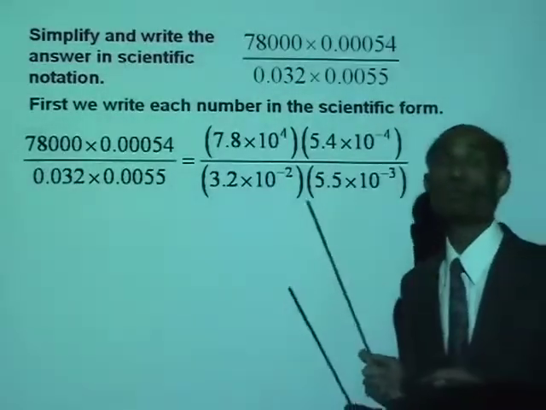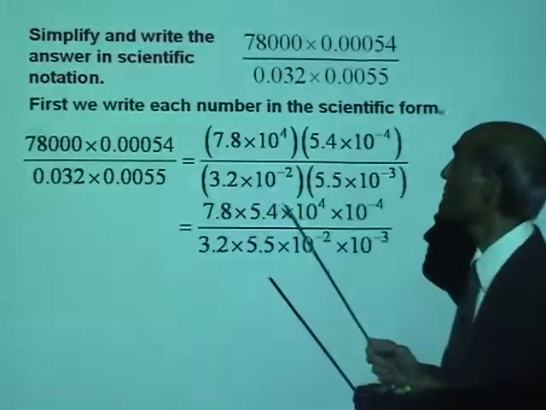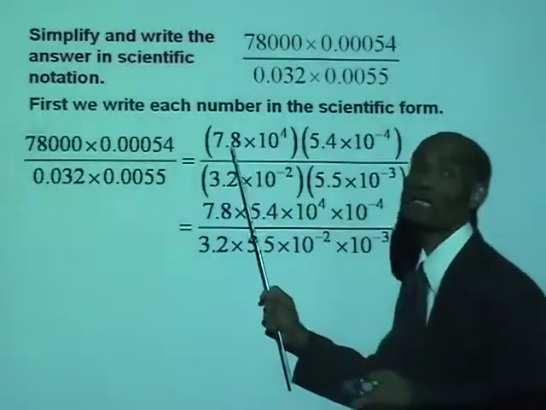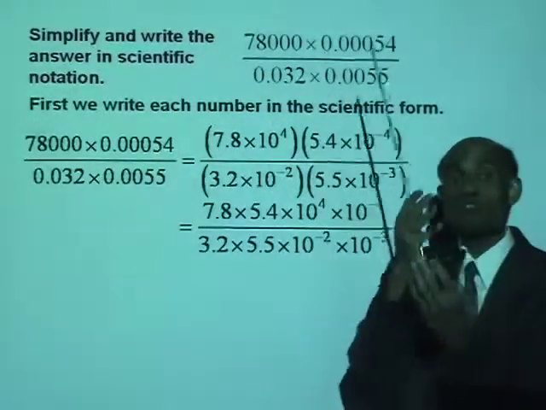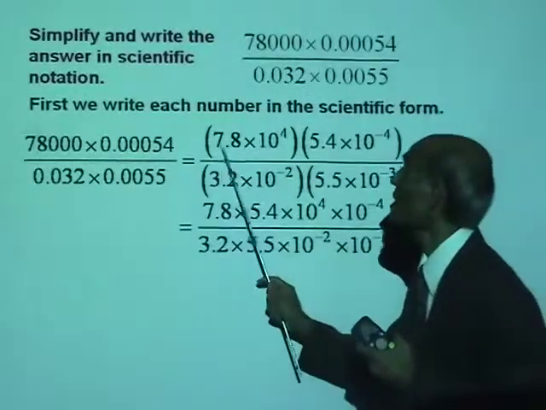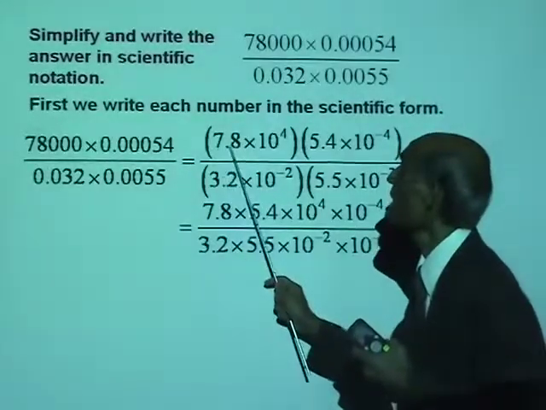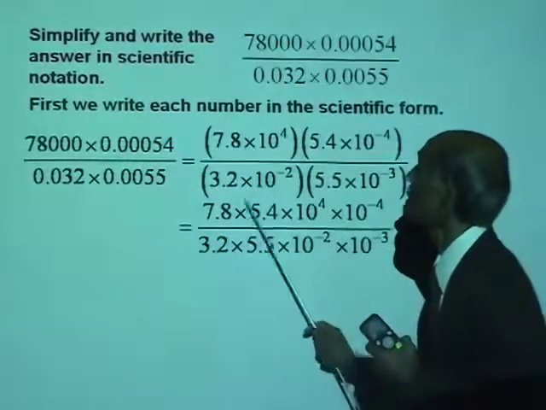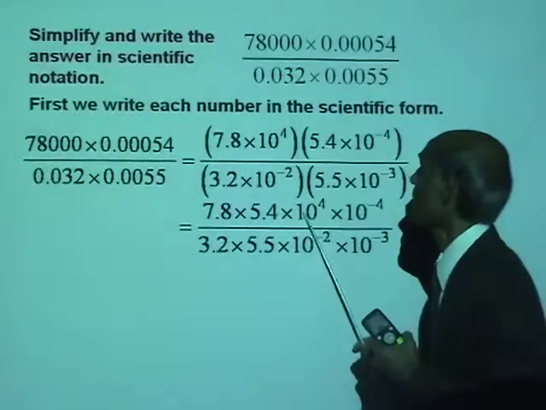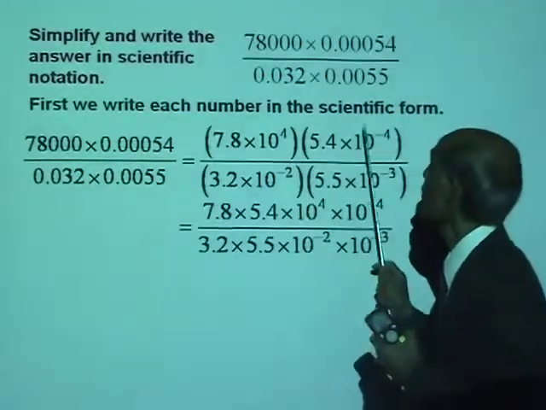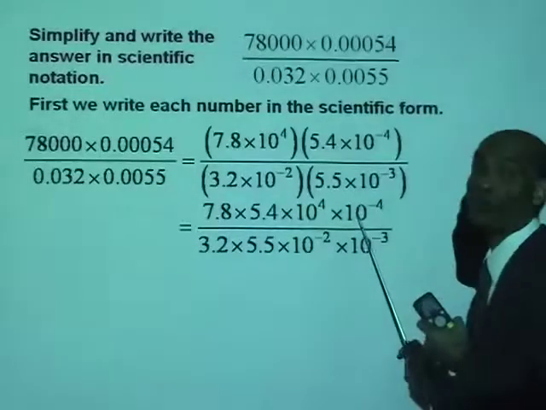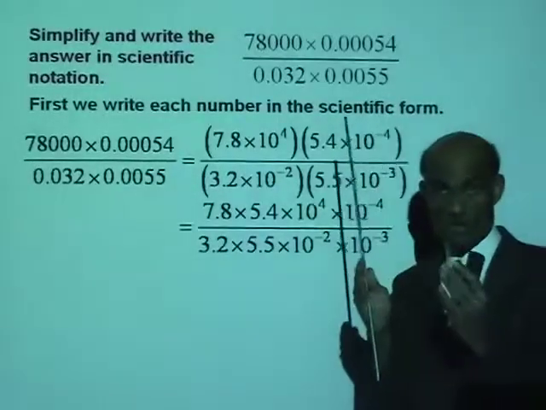And now we do the same thing as we did in the previous case, right? Use associative property of multiplication. Write this as 7.8 times 5.4 multiplied by 10 to the 4 times 10 to the negative 4. You understand that?